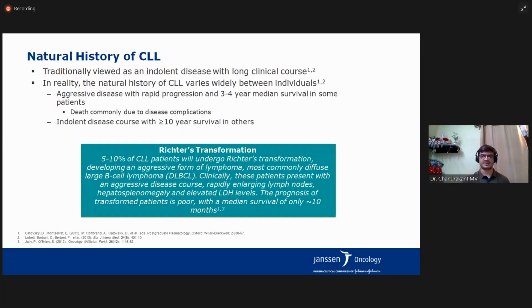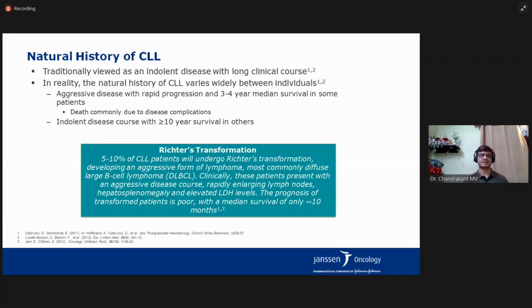So CLL is a heterogeneous disease. One subgroup where without any treatment they cross 10-year mark, whereas the other subgroup, with whatever best you do, they hardly cross 4-year mark. So it's a heterogeneous disease with different outcomes.